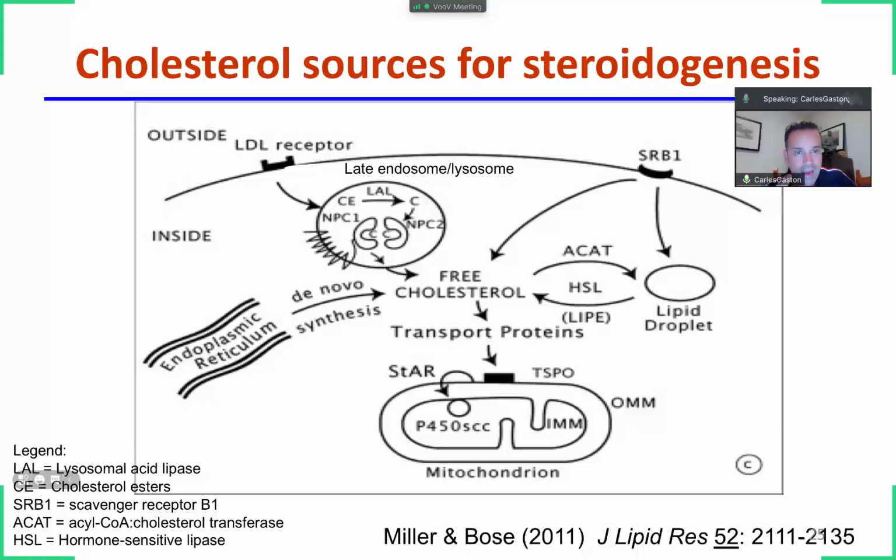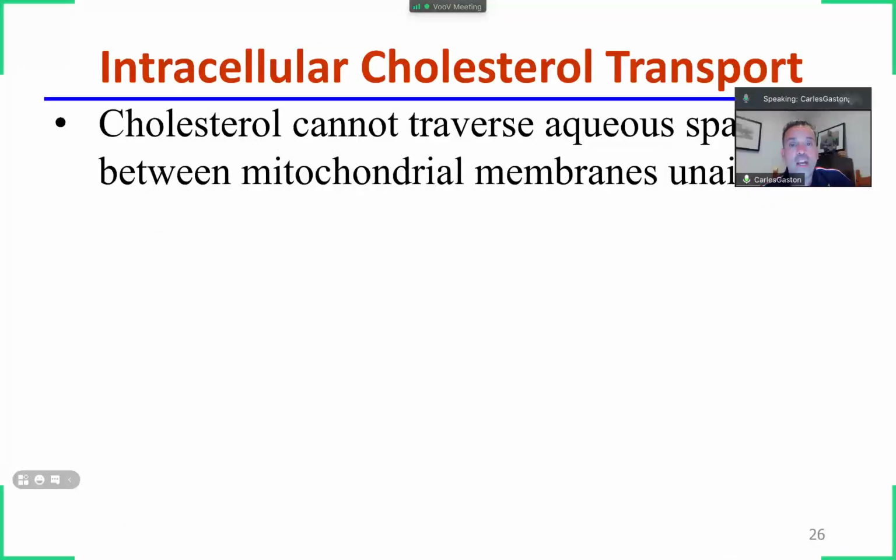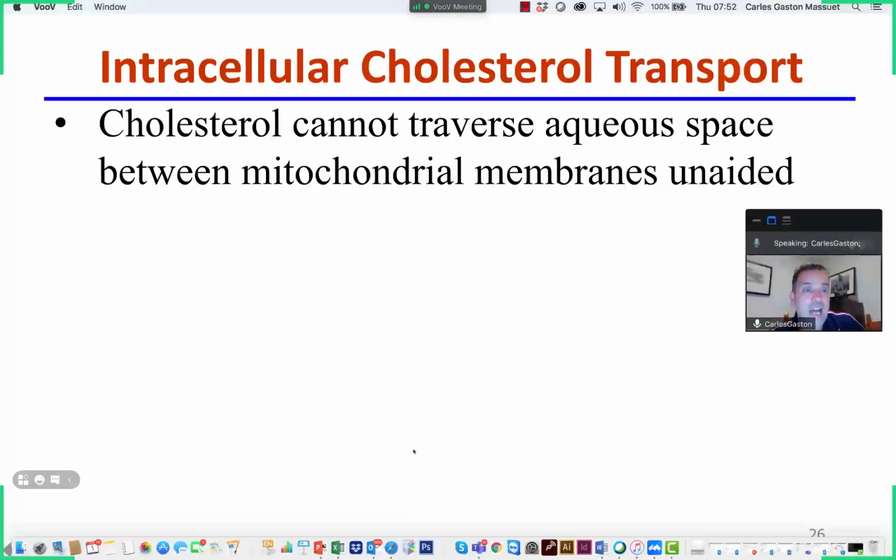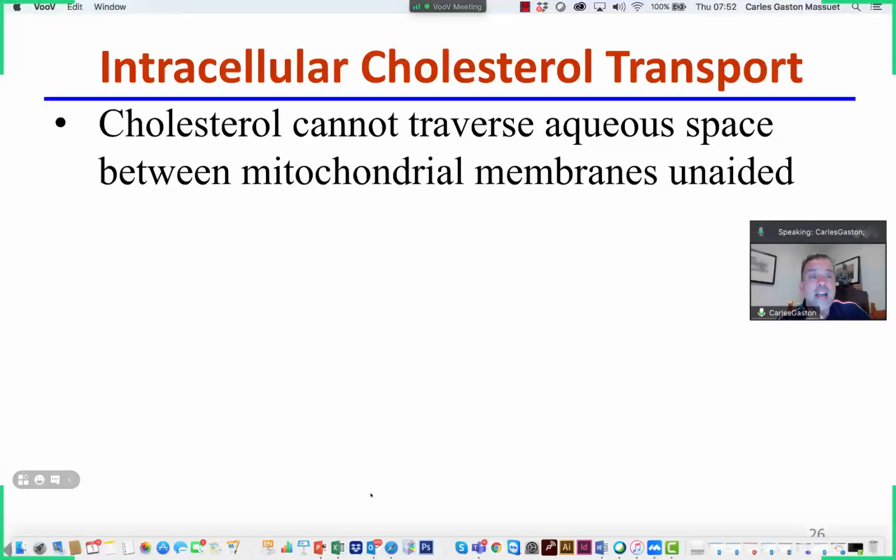Okay? So here we have a schematic of the different components like lysosomal cholesterol, scavenger receptor, and the different parts that will modify this initial cholesterol. Now, cholesterol cannot traverse the aqueous space between the mitochondrial membranes, because it's hydrophobic, right? And it needs help.